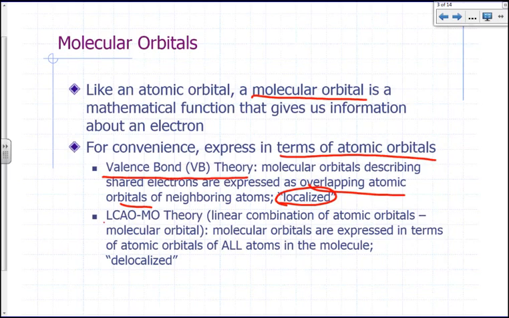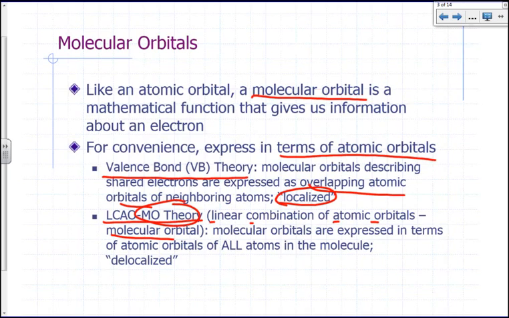The LCAO-MO theory, which is also just known as the MO theory, refers to the linear combination of atomic orbitals as a way of constructing molecular orbitals. Okay, linear combination is just a process of adding functions so that when we do that for atomic orbitals, we can construct a molecular orbital.